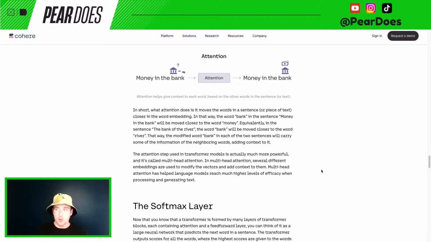So this large language model would go in and say, okay, money in the bank. All right, well, I know what money is. There's not as large of a range with the word money. It could almost conclude what the word money means, but that word bank has two meanings.